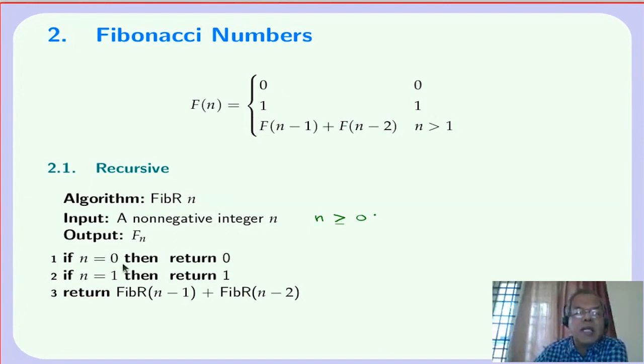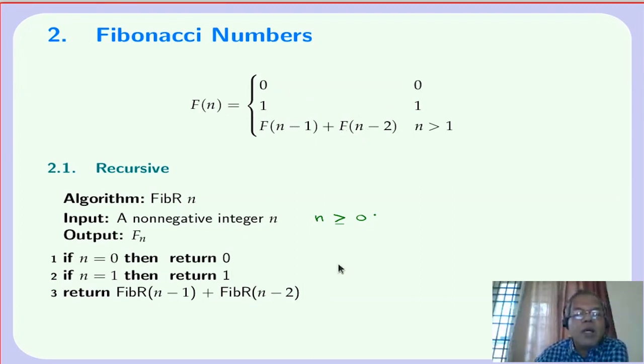Translate the recurrence relation directly. For case 1, if n is equal to 0, then return 0. If n is equal to 1, then return 1. Otherwise, return fib bar of n minus 1 plus fib bar of n minus 2.